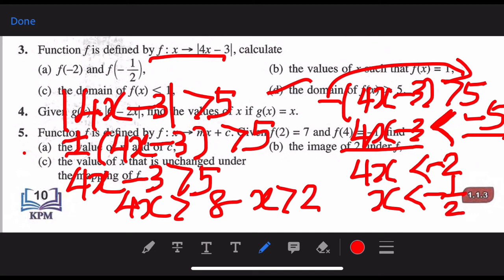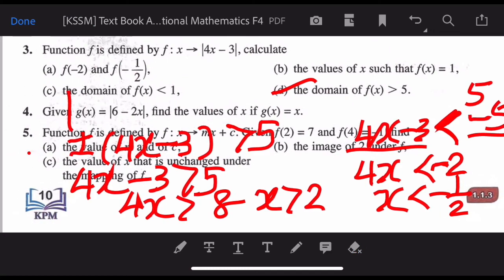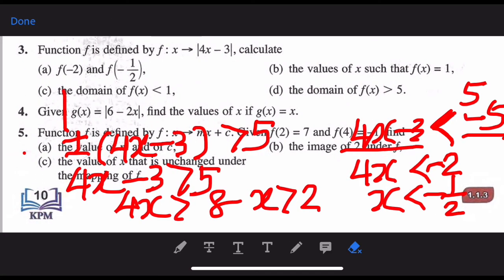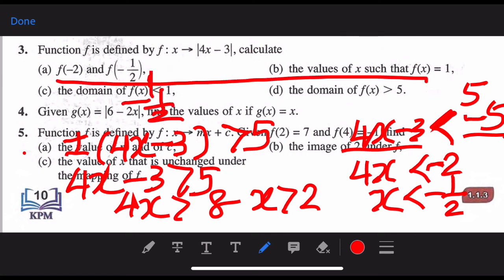So let's draw the number line to solve the inequality. The smaller value is negative half, bigger value is 2. Less than, not inclusive of negative half, goes to the left, and more than goes to the right.